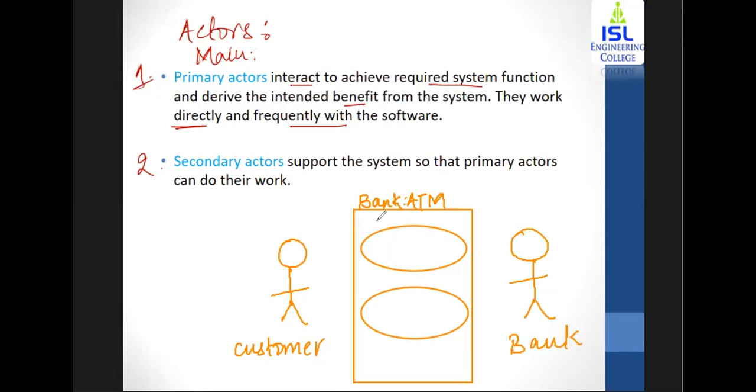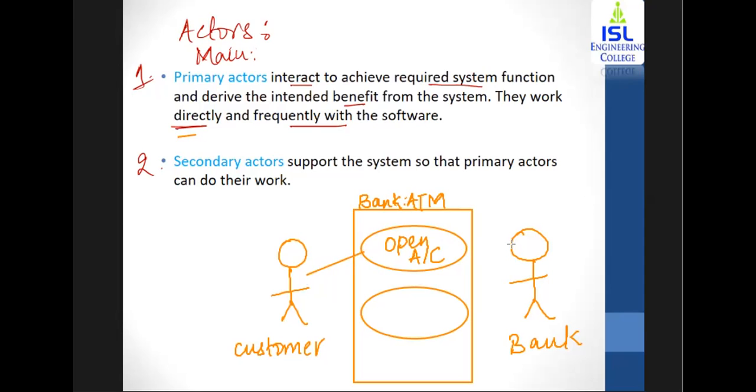Now suppose this customer wants to open an account within the bank. When he wants to open an account, there is a relationship between the customer and opening an account. That is, he is directly interacting with the system. The key word here is directly interacting with the system. Now to open the account, the customer cannot open the account by himself.